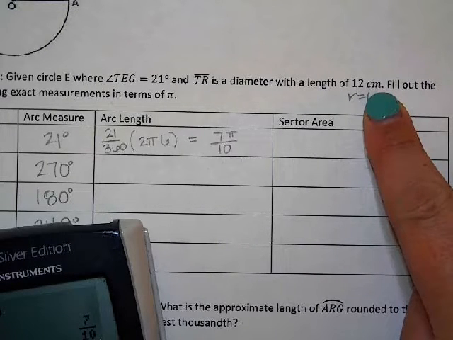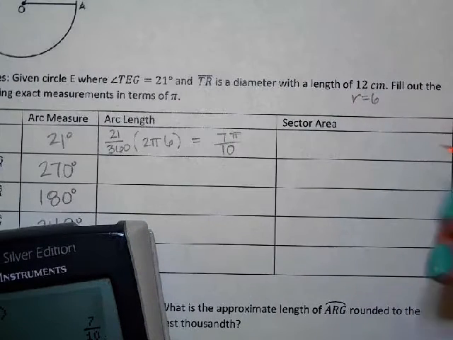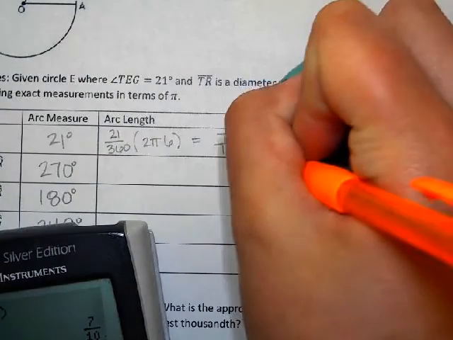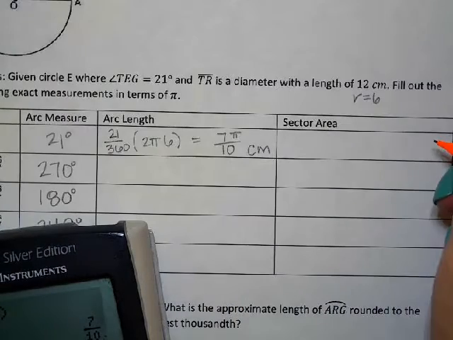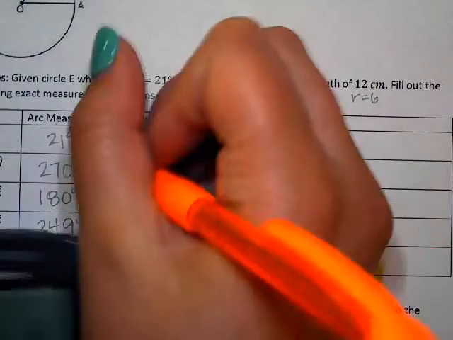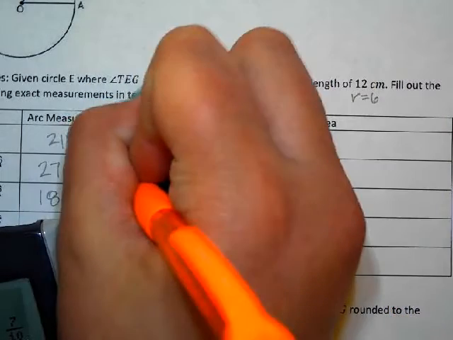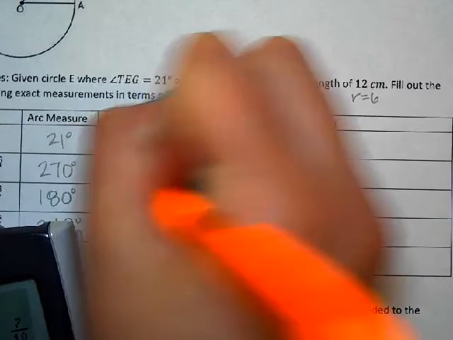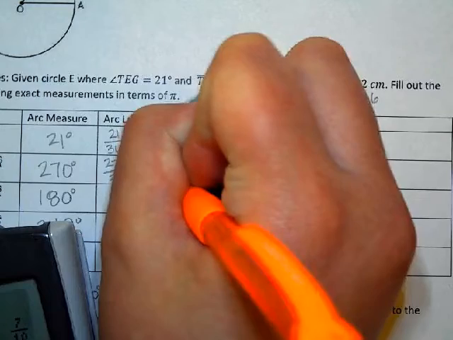And so my units are going to be centimeters. Centimeters is going to stay centimeters. It's not going to become squared, it's not going to become cubed, because we still have a dimension of 1. Does that make sense? Yes? No? Yes? Okay. All right, the next one is going to be 270 over 360 times 2 pi 6.